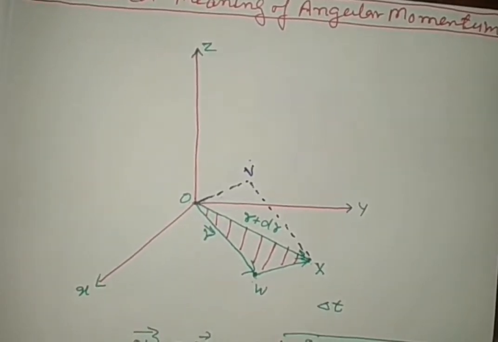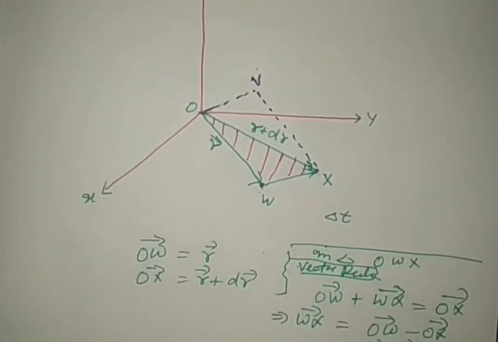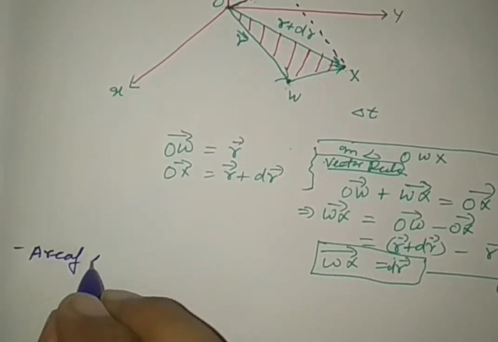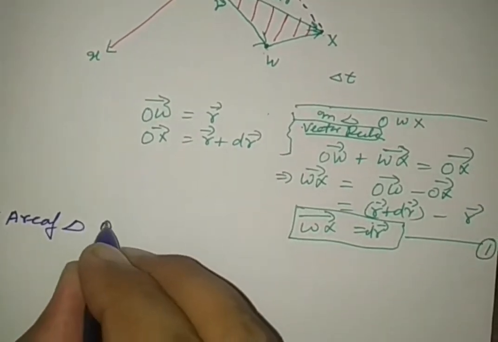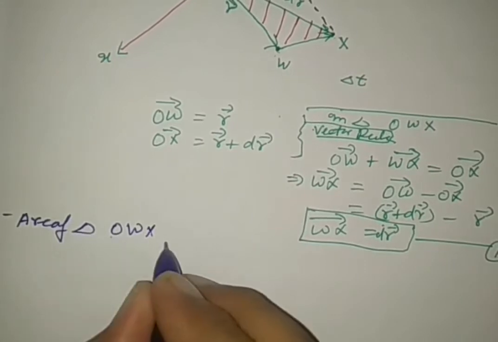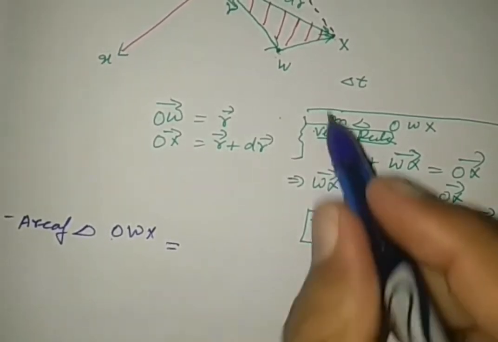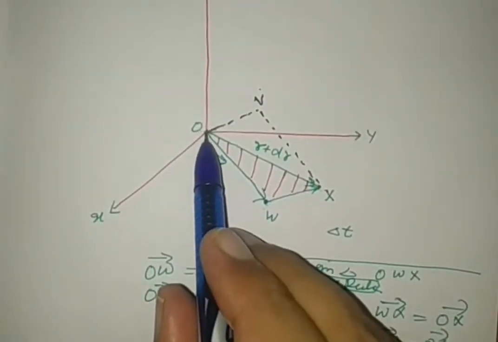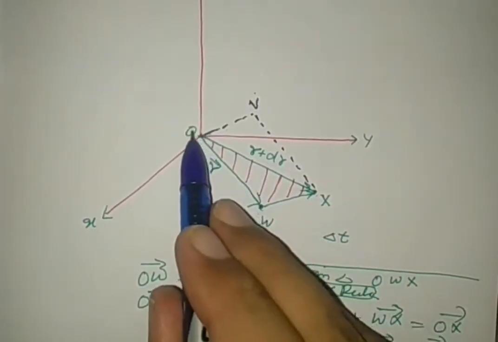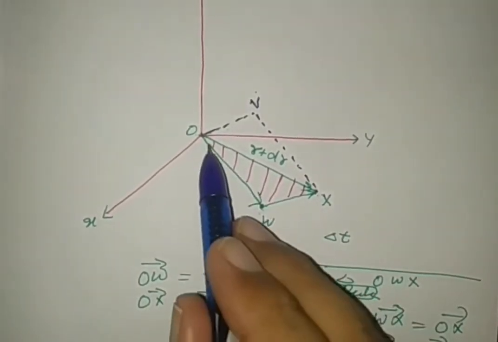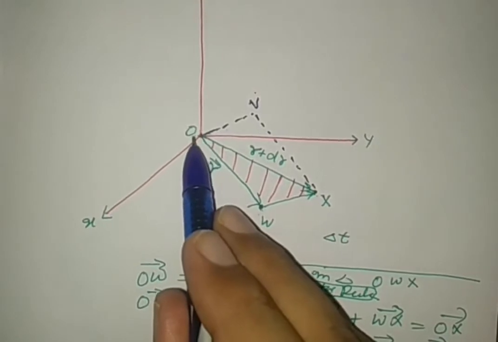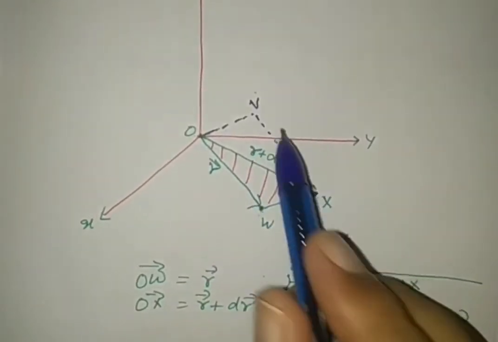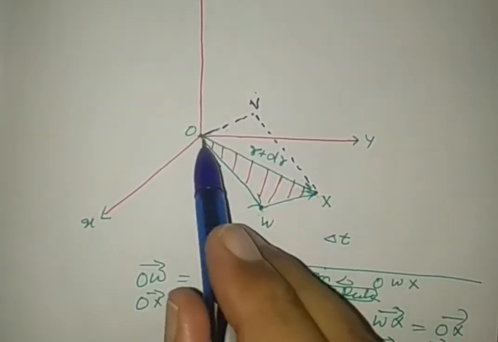So my plan is to obtain the area of triangle OWX. See in the diagram, first of all OWXV is a parallelogram, and the triangle is actually half of that.